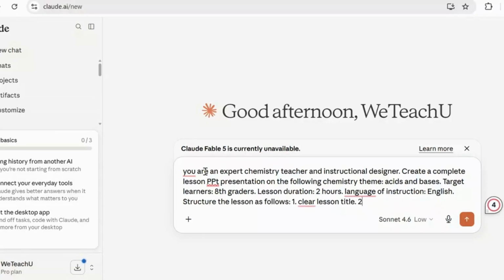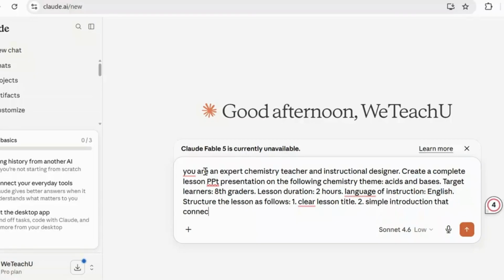Number 2, I need a simple introduction that connects the topic to real life. A simple introduction in the PowerPoint presentation. And I need this introduction to connect the topic. And this is very important for students because they like to have this real connection between what they are learning and real life. So that's another specific prompt.